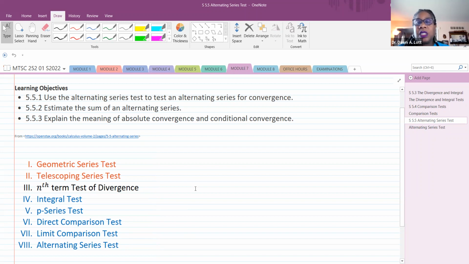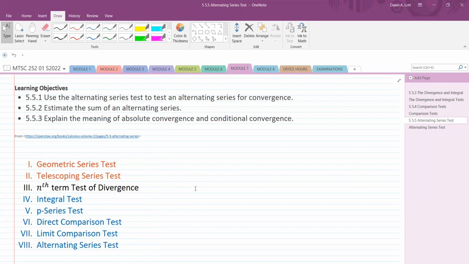Which test actually can provide you the sum of the series if it's convergent? I'll give you a hint. There are 2 of them.